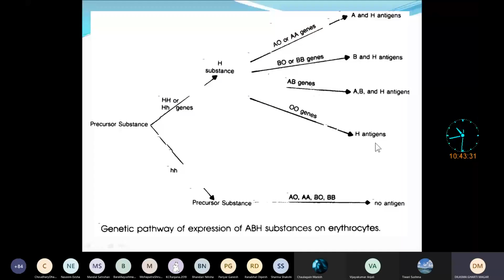But in case of the recessive one, it will not produce any antigen, neither A nor B, nor even the AB, so no antigens will be produced. The recessive small hh cannot produce even the H substance. That's why it becomes the Bombay blood group.